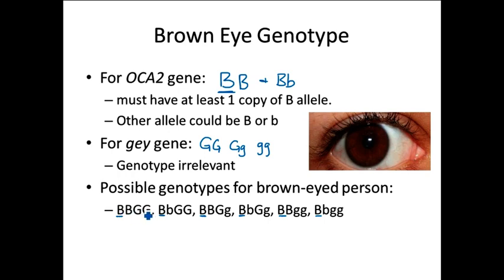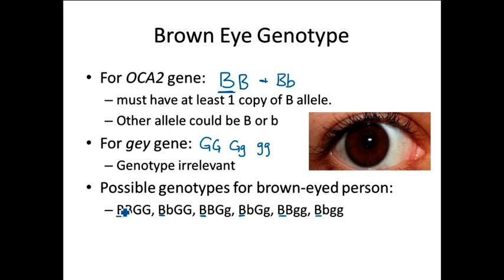So we have big B big G, big B little b big G, and so on. If this isn't making sense to you, I've combined these two with each one of these, and then these two with each one of these to get those six kinds. If that's not quite making sense, you might want to sit down and work it out for yourself.